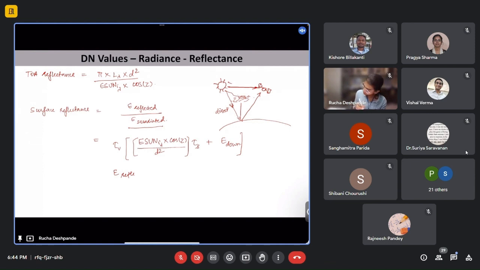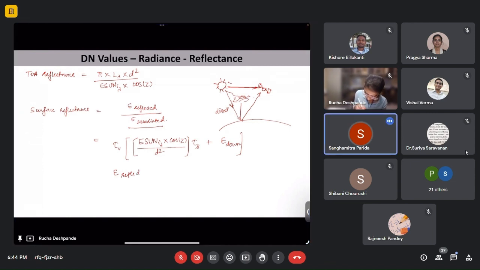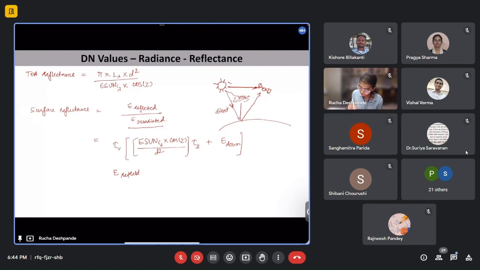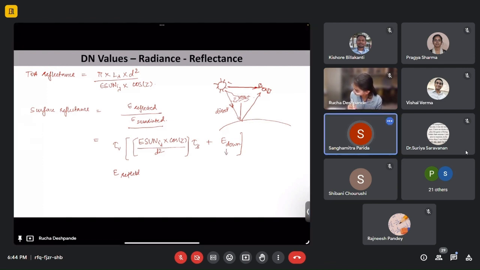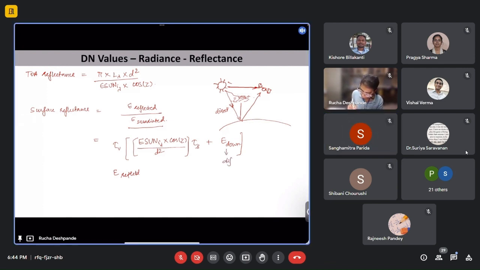And the E down term is the diffuse skylight, because of the scattered light and other factors.